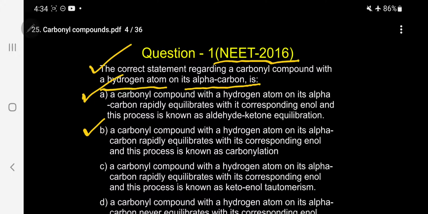B. A carbonyl compound with a hydrogen atom on its alpha carbon rapidly equilibrates with its corresponding enol, and this process is known as carbonylation. C. A carbonyl compound with a hydrogen atom on its alpha carbon rapidly equilibrates with its corresponding enol, and this process is known as keto-enol tautomerism.